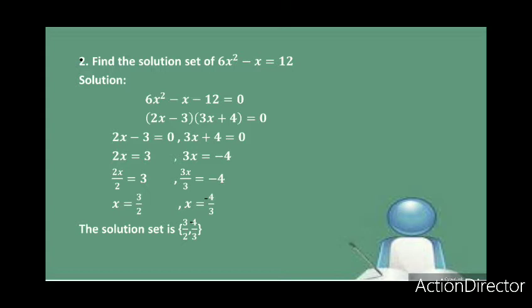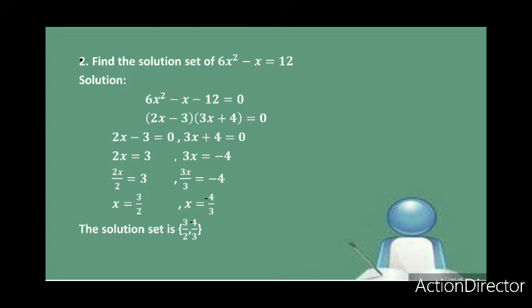Find the solution set of 6x squared minus x equals 12. This equation is also factorable, and the factored form of 6x squared minus x minus 12 equals 0 is the quantity 2x minus 3 times the quantity 3x plus 4 equals 0. We will also find the value of x here. 2x minus 3 equals 0 results in 2x equals 3.